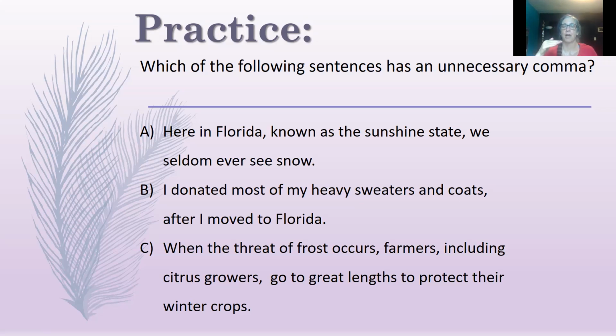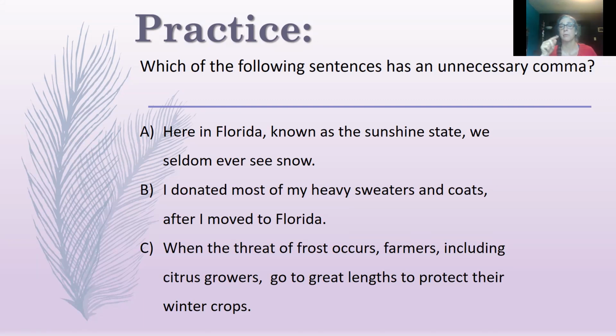When the threat of frost occurs, comma. Here comes my independent clause, right? Right. Farmers, including citrus growers, go to great lengths to protect their winter crops. Now, isn't that interesting that that little comma after occurs is doing two things?